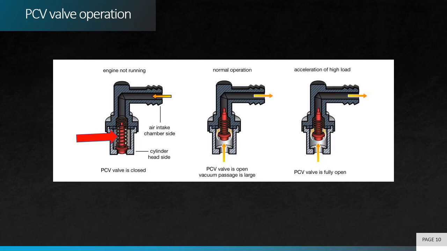In normal operation, the PCV valve is open, with the vacuum passing through a large portion of the PCV valve, and it is fully open in acceleration or high load driving conditions. The arrow indicates the tension spring of the PCV valve, and the pintle valve area controls the bypass for our PCV valve.